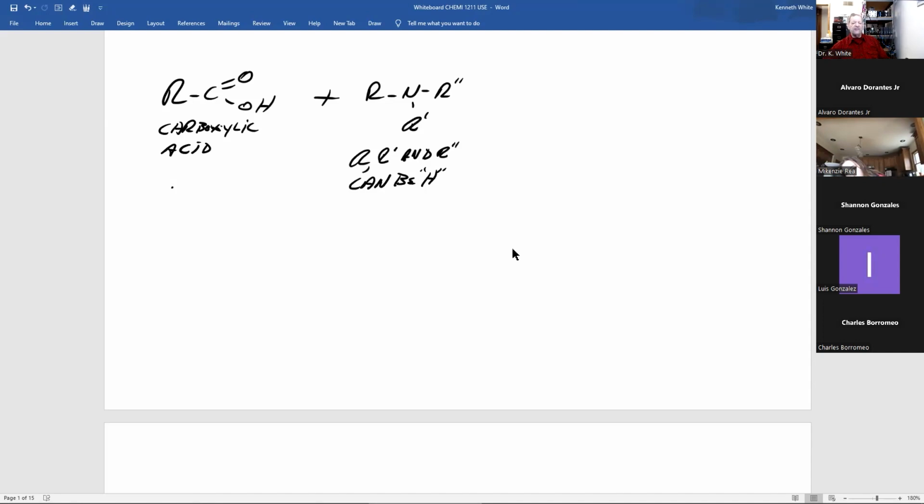If R is carbons and both R prime and R double prime are hydrogens, that's a primary amine. If R prime and R are carbons, but R double prime is hydrogen, that's a secondary amine. So what I mean is this can be ammonia. It can be a primary amine.